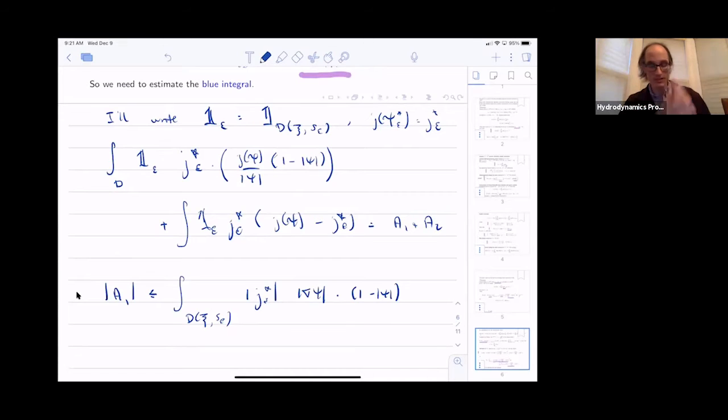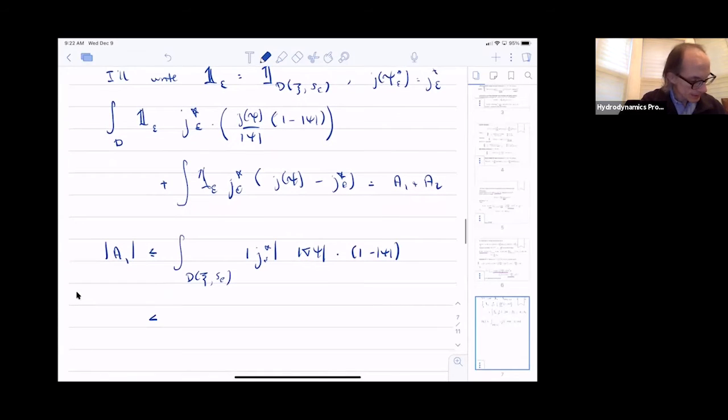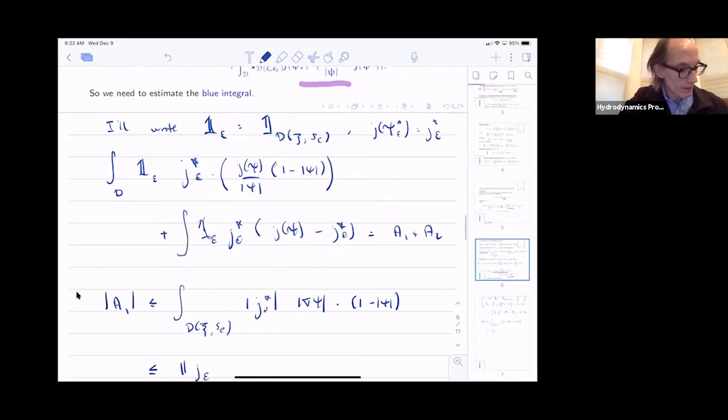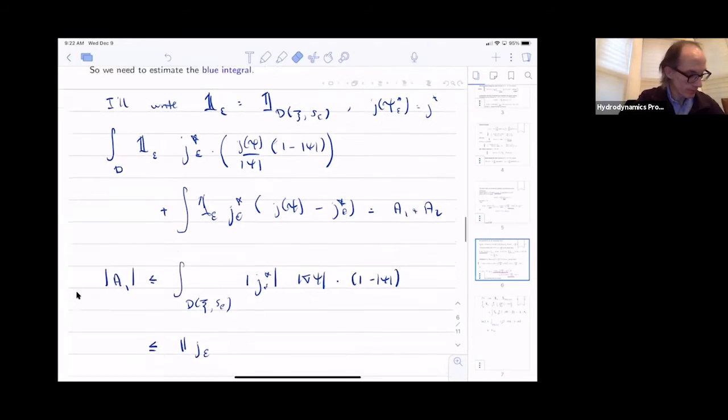So if I divide by the modulus, I'll get this. Then this is less than or equal to J, actually I don't need an epsilon on J. So this psi star epsilon is modified only near the balls, and away from the balls, it's just this J star. It's the ultimate thing.